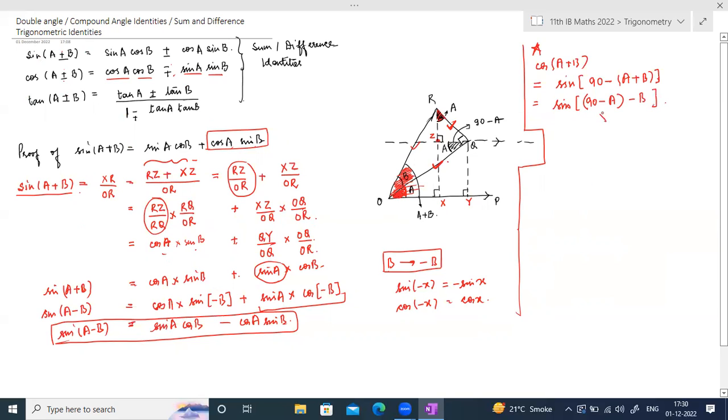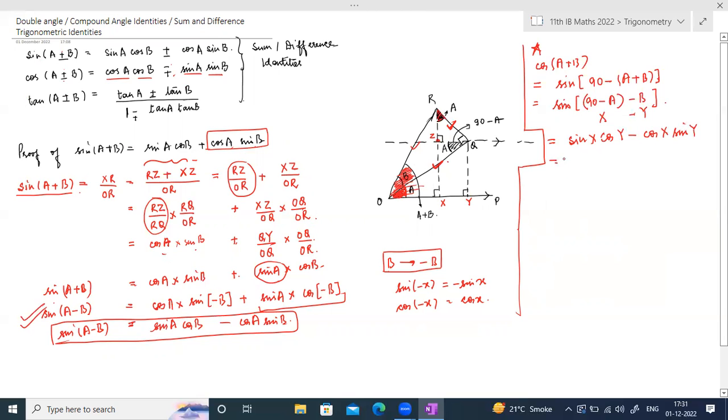Let's apply sine x minus y using this identity: sine x cos y minus cos x sin y.